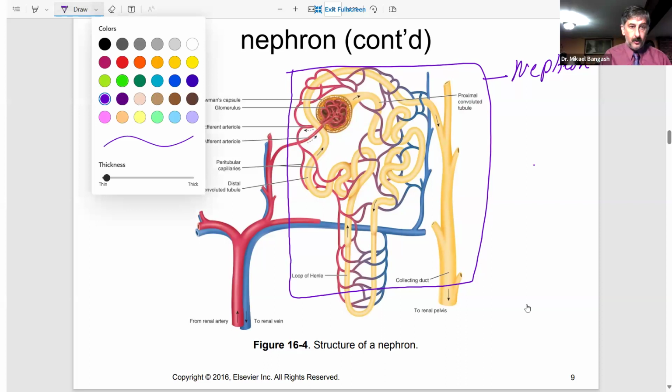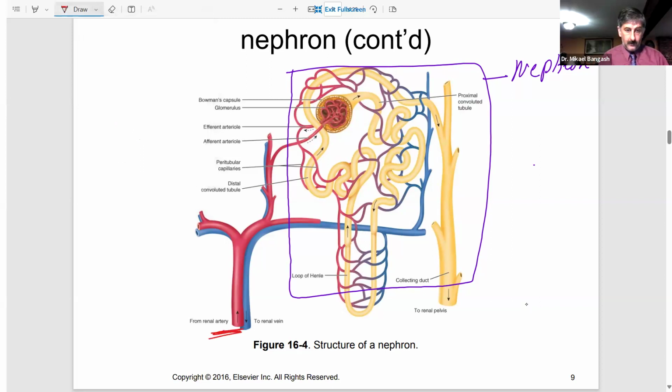Now let's just follow the blood. This came from the aorta. We had the renal artery. Your renal artery divides into what we can call an arteriole.